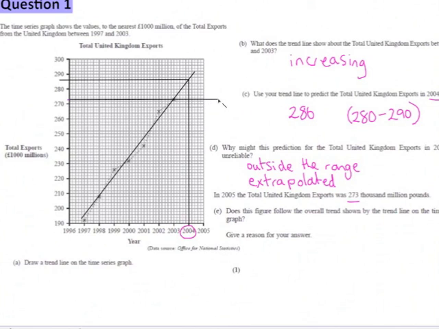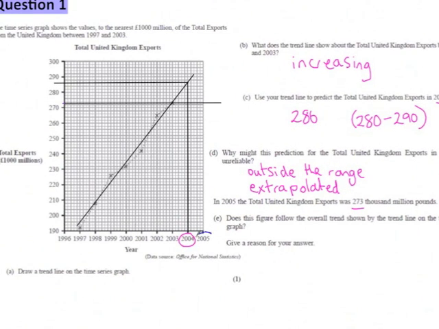And we're asked, does this figure follow the overall trend for the trend line on the time series graph? So in 2005, having exports of 273, does that follow the trend line?